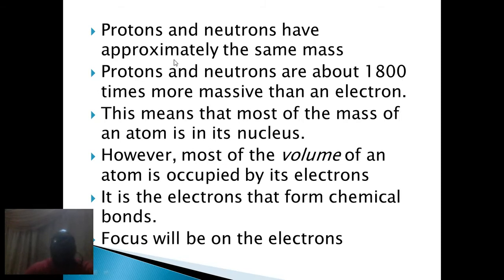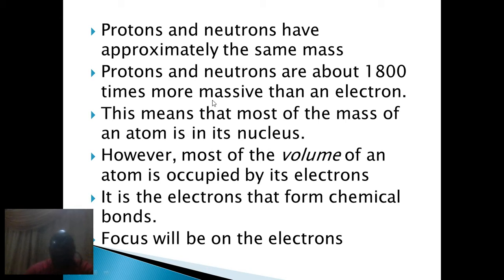Protons and neutrons have approximately the same mass. Protons and neutrons are about 1,800 times more massive than electrons. In other words, protons and neutrons are heavier than electrons.